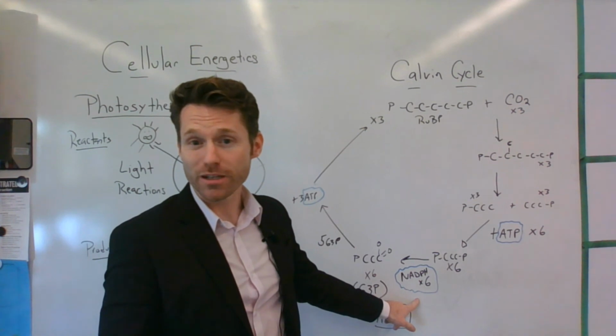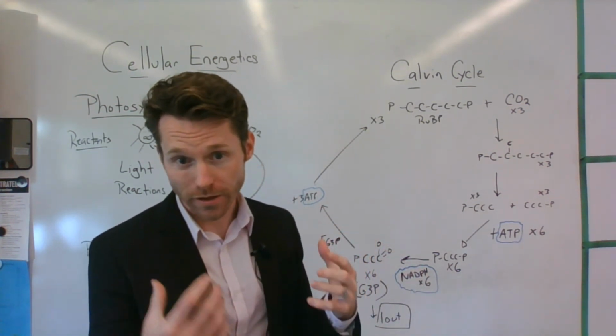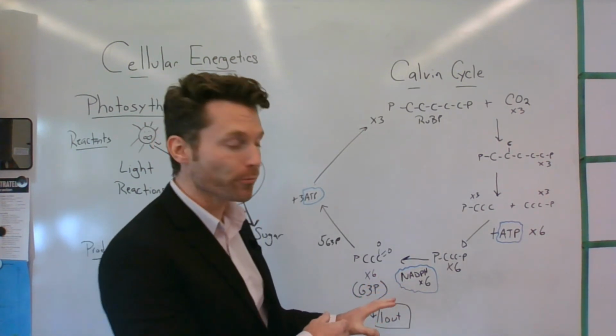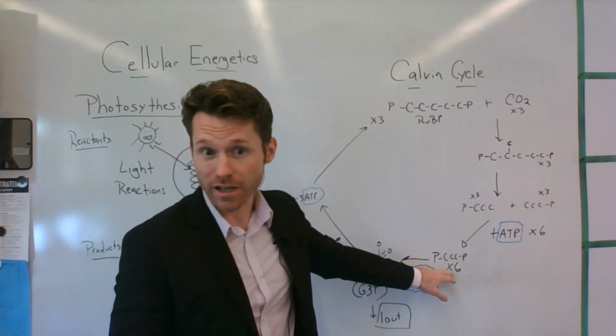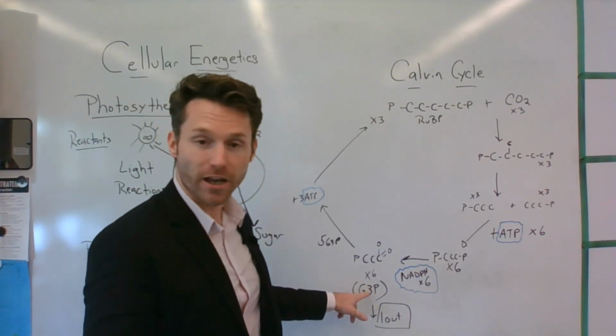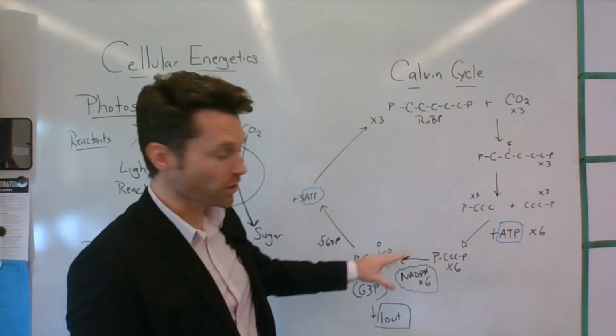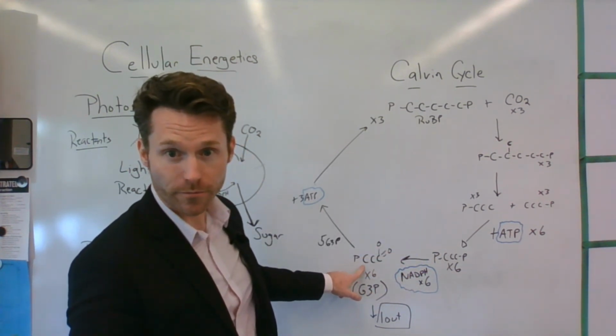The NADPH, that high energy electron carrying molecule from the light reactions, comes into play now. It interacts with this uncomfortable molecule, and it becomes the product that we care about. So this is using the energy to become this thing.